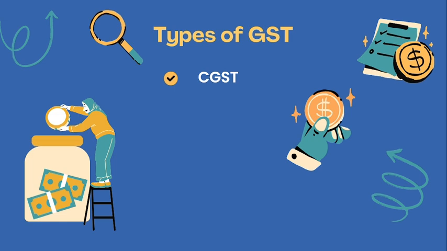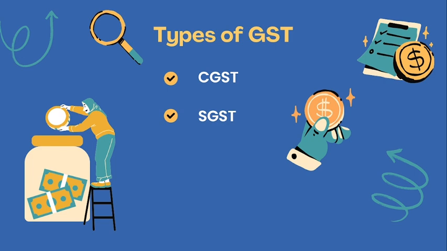The next is SGST. It is also known as State Goods and Service Tax. So SGST is collected by the state government and is levied on the intrastate supply of goods and services, meaning transactions that take place within the same state.